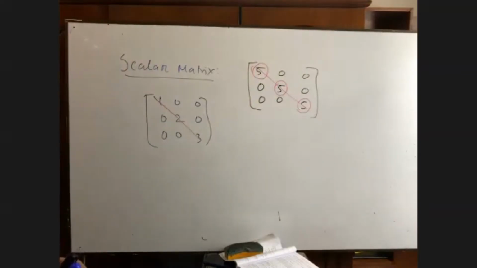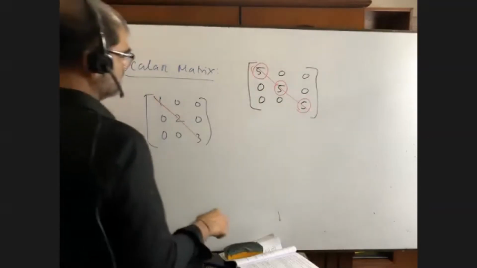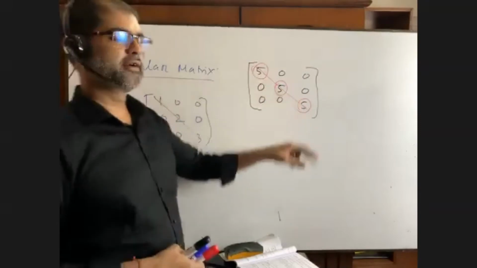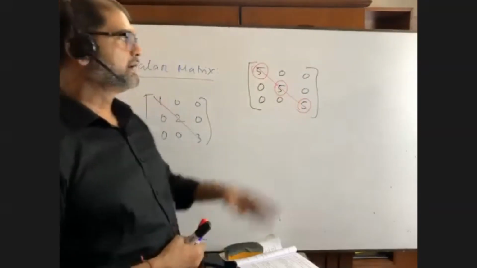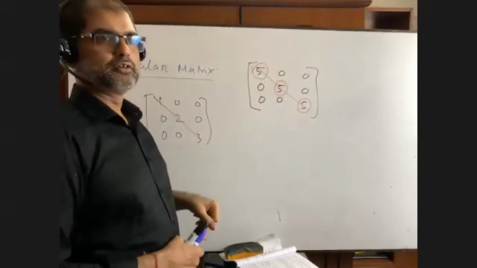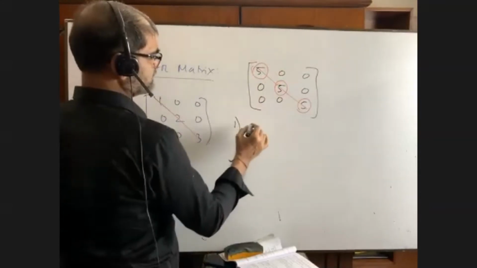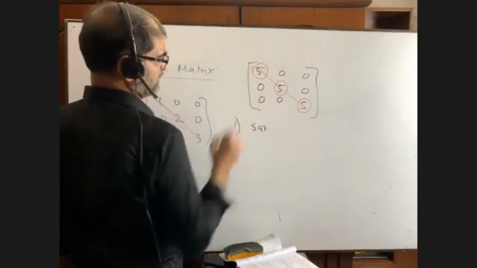Have you got me, please? Yes, sir. So what is a scalar matrix? The entries along the principal diagonal will be equal and other entries will be 0. So what is the condition? The first condition for a scalar matrix is that it is to be a square matrix.